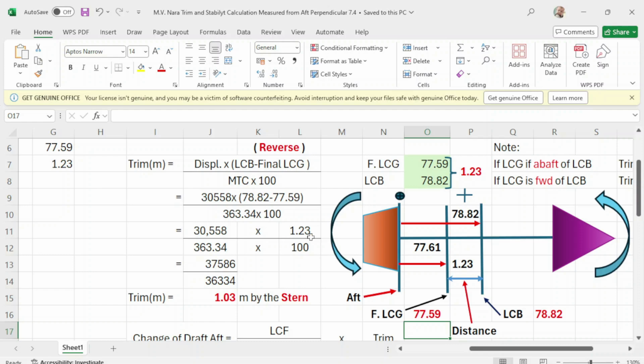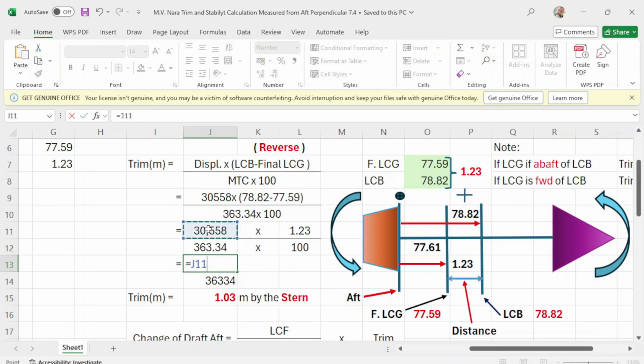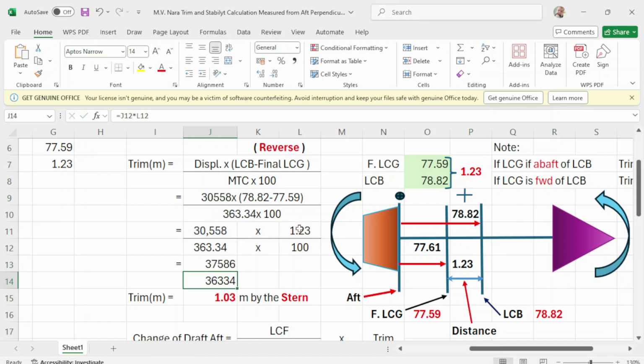So displacement times 1.23 is 37586. I will just do it like this so that you will see displacement times your distance equals 37586.